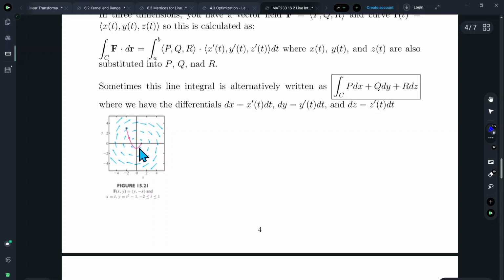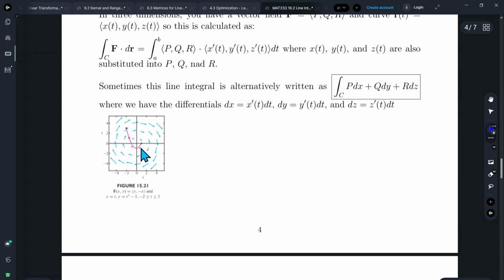The vector field is acting on the object at every single point along the curve, and depending on how the vector field lines are pointing at each point, it may contribute more to the work or less.